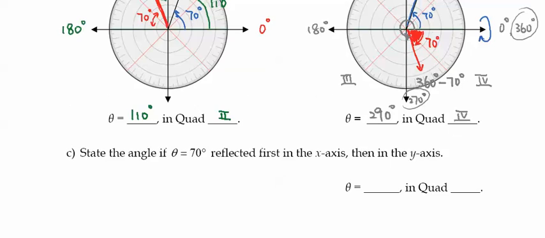And now, if I want to reflect this angle in the x-axis first and then the y-axis, my angle will now happen in this quadrant. I'm still going to see 70 degree here using its reference angle.